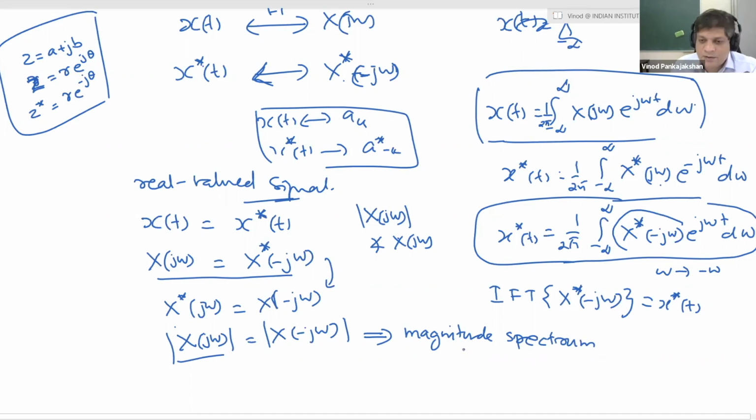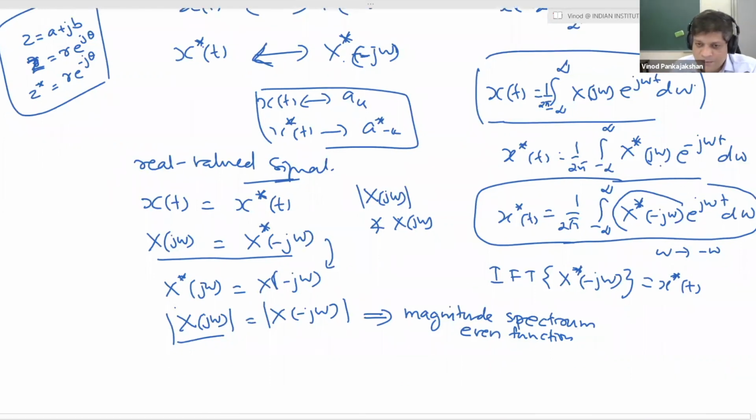What type of function is that? It is an even function of omega. Okay. That is an important property. The magnitude spectrum of a real valued signal is an even function of omega.